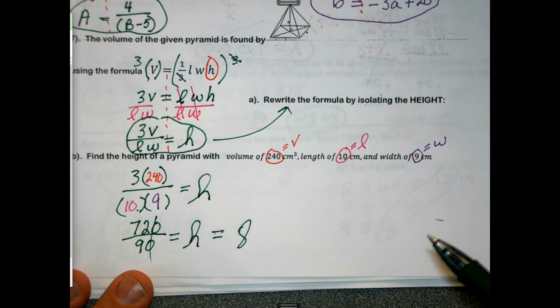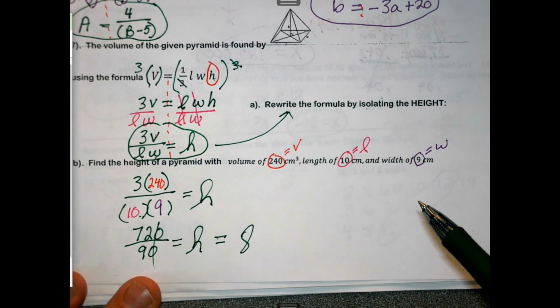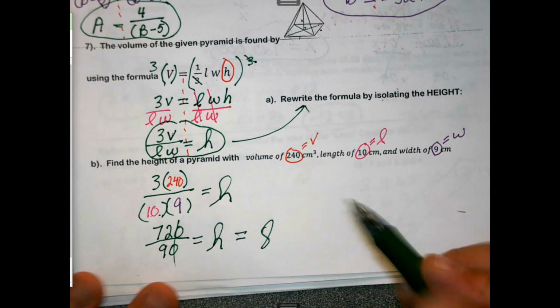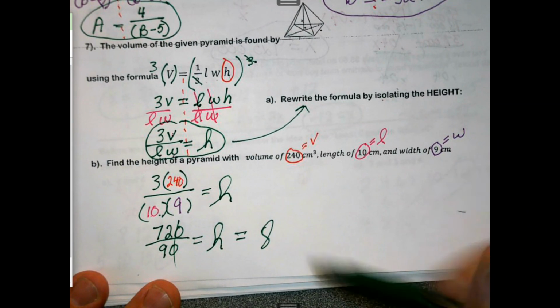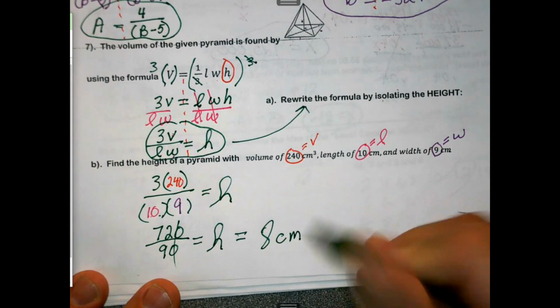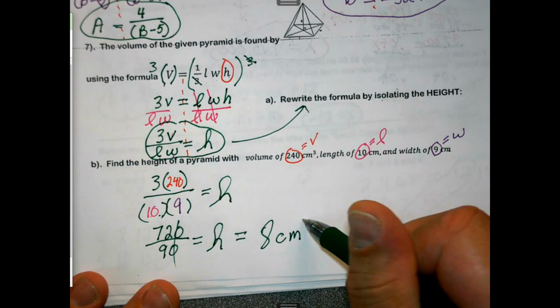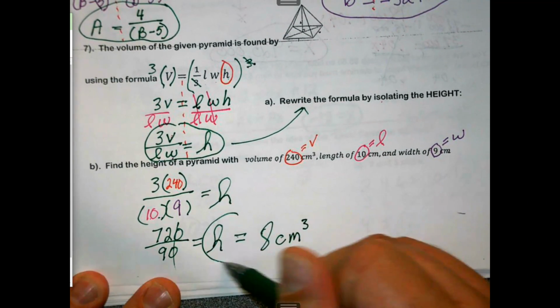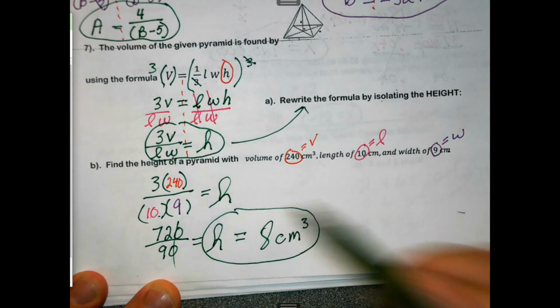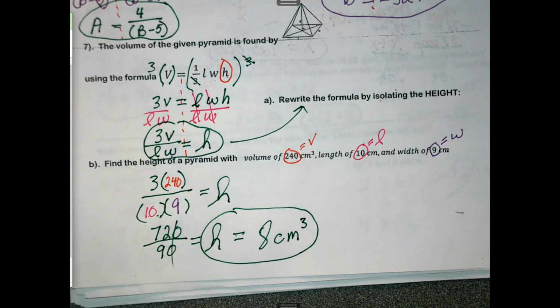And since we're in Algebra 2, the big kids math, we put labels on. Centimeters. Volume. Remember, volume is cubed. Easy peasy, right? That's all, folks. Any questions on that?